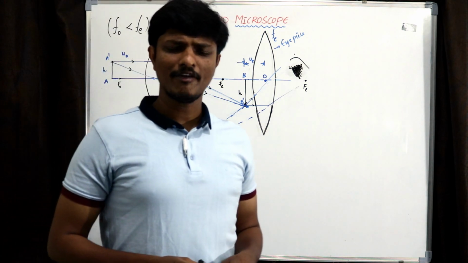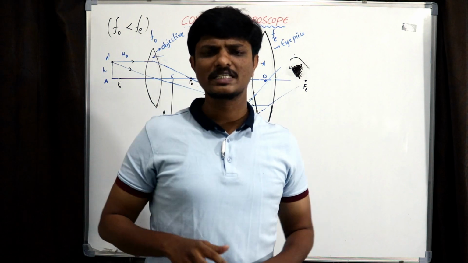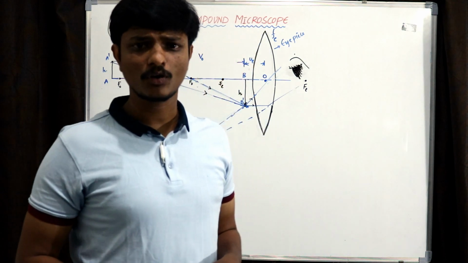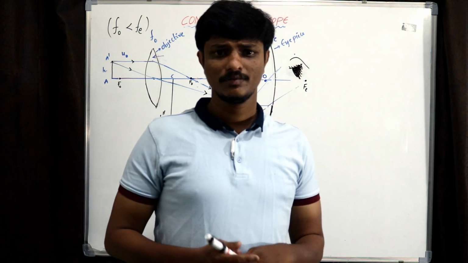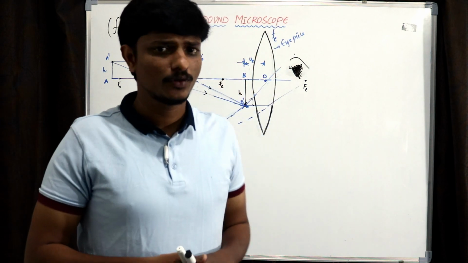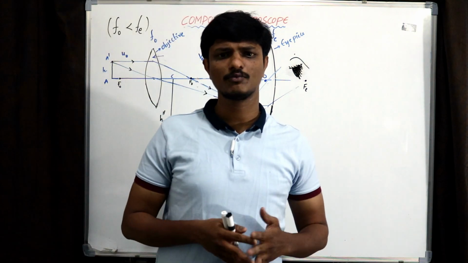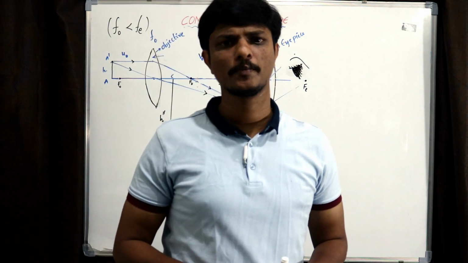Have we ever seen a bacteria by using a normal convex lens? Through a normal convex lens, have you ever seen a bacteria or an object whose size is less than 1 millimeter? No, right? It is not possible to see an object smaller than 1 millimeter by using a normal convex lens, which is nothing but a simple microscope.